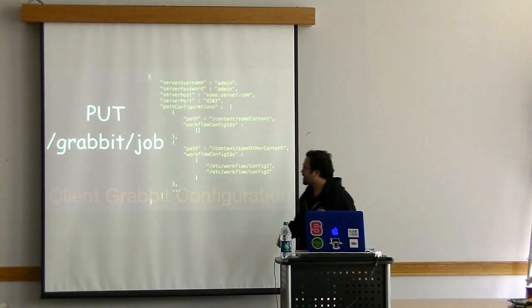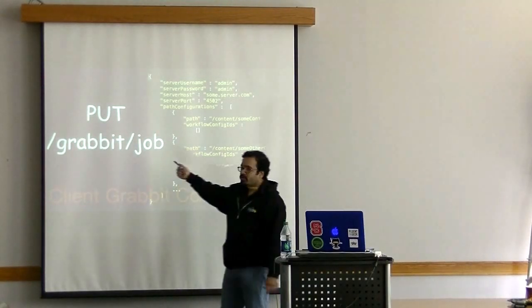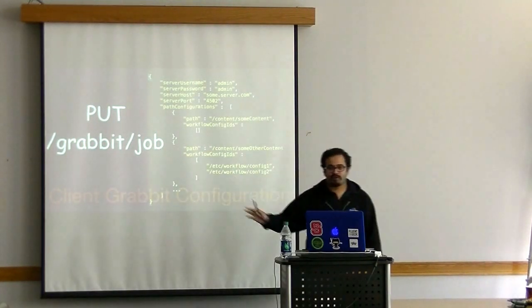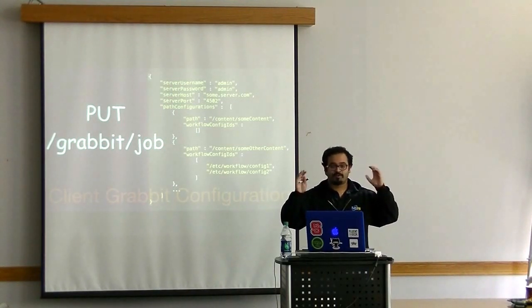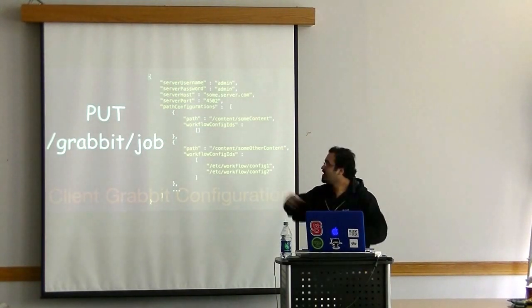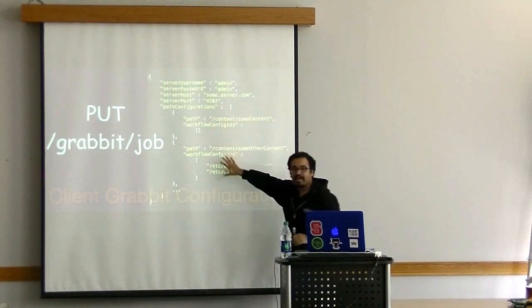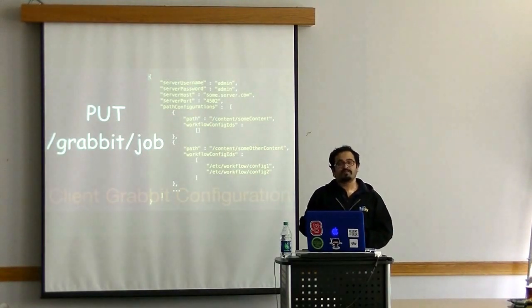Apologize if this is a bit faint, but this says client Grabbit configuration. The RESTful URI for that is /Grabbit/job, and as I go forward you will see this stays the same. We want to have the same semantic meaning, and if we get a put for this URL with something as the data, that becomes a client trigger.